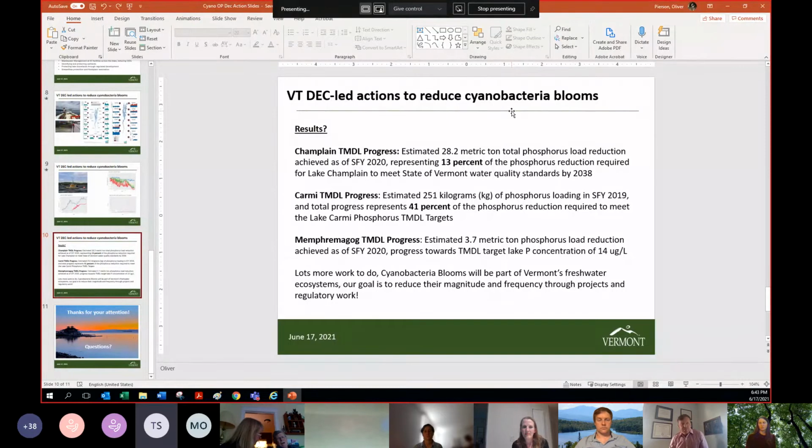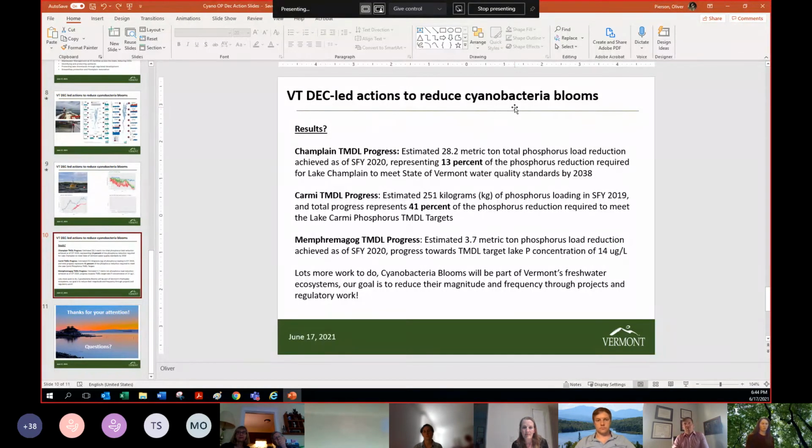Thanks. I'll take that question. That's from 2016 to 2020, so that represents the first 5 years of the implementation of the Champlain TMDL, and so we have from 2020 to 2038. It's another 18 years to get from 13% to 100%. So lots more work to do.